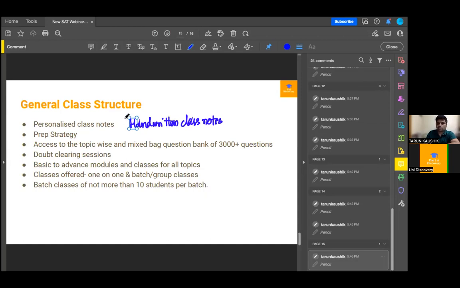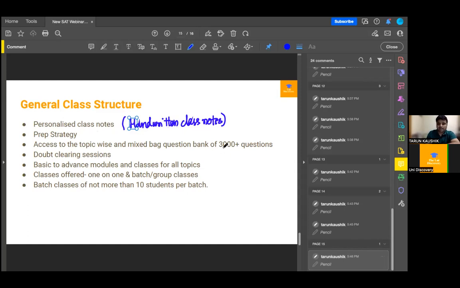Whatever I teach during the session, 90 to 95% of that I have written down in my class notes, so that whenever you want to revise any specific topic, you can just go to the class notes. That contains all the strategies and shortcuts required to get a good score, by saving a lot of time.